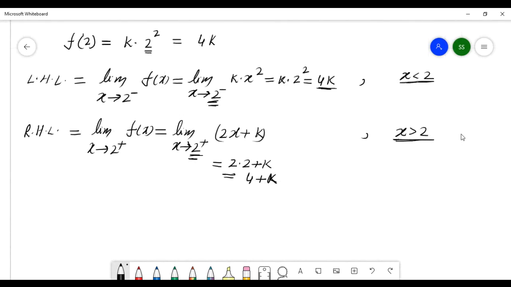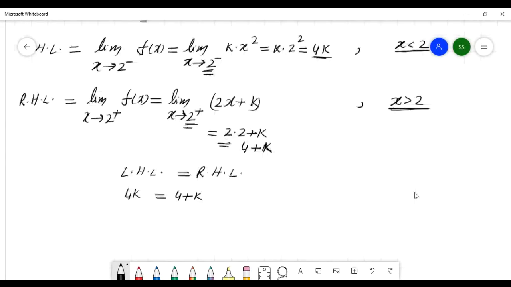Condition number 2 means the limit exists, and the left hand limit is equal to the right hand limit. The left hand limit is 4k, this equals the right hand limit, 4 plus k. Now solve this.